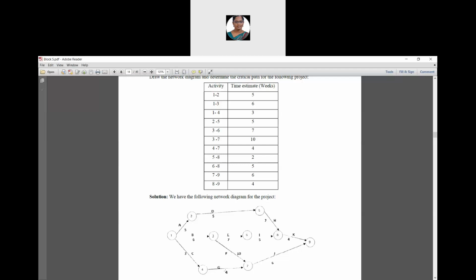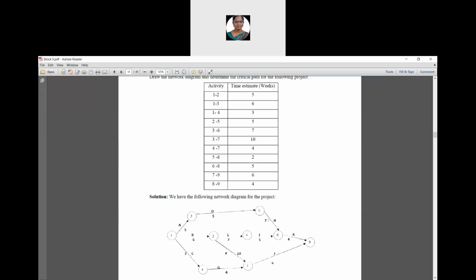Then draw a path between 5 and 8. Its activity name is H and time duration from 5 to 8 is 2.